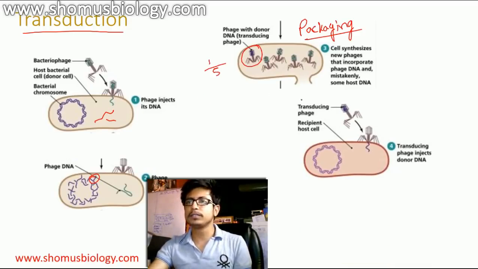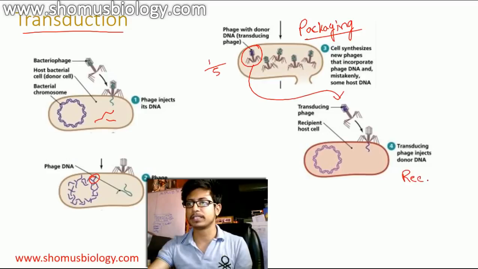Once that bacteriophage goes and transfers its content into the other bacterium, which is the recipient bacterium, it injects that DNA inside. In that case, the recipient bacterium receives DNA content which should be phage content, but in this case it is the bacterial DNA content of the donor.